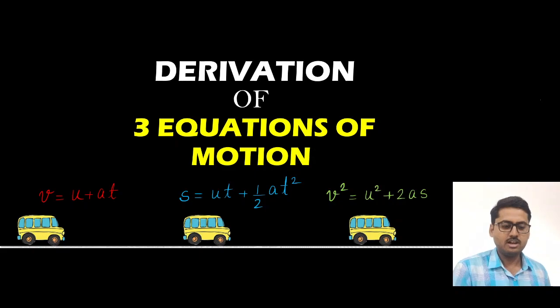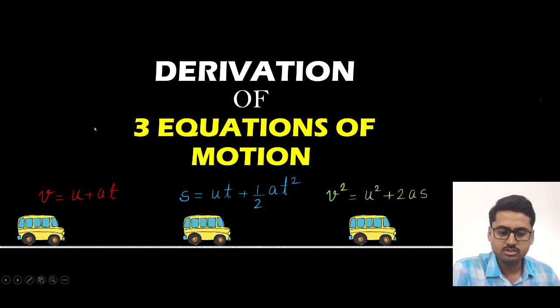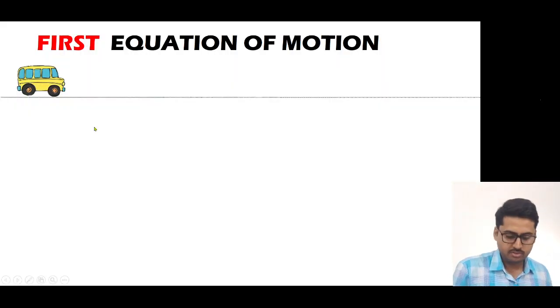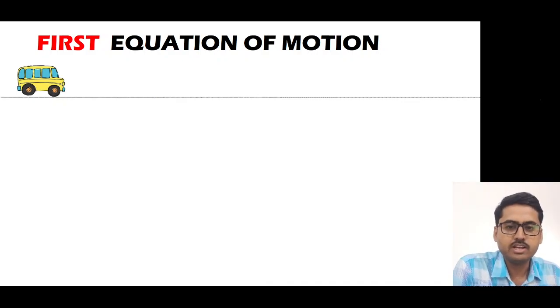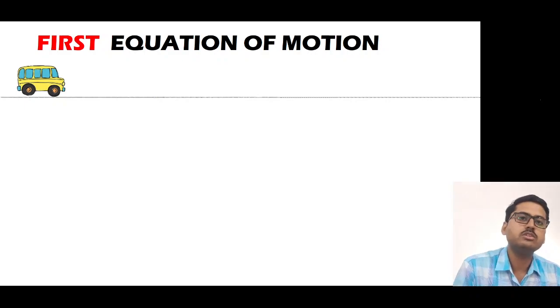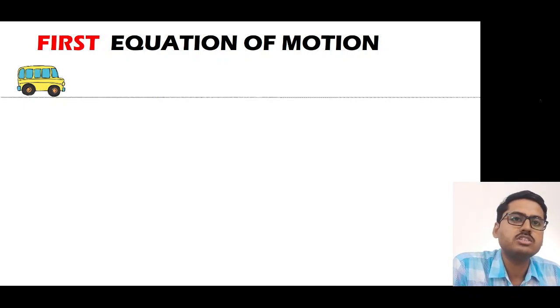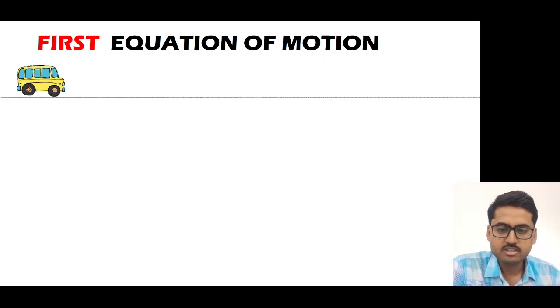So let us see how we can derive the three equations of motion. The first equation of motion is very easy to derive. In fact, to derive it, you just need to remember the definition of acceleration. Let us take an example. Let's say we have a minibus on a straight road, and the bus is at rest.